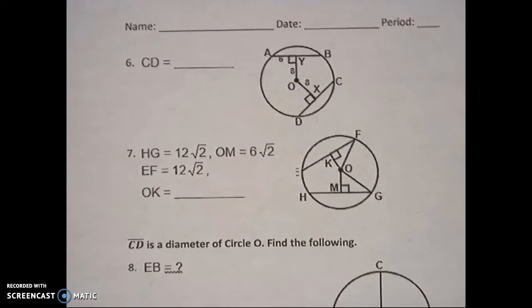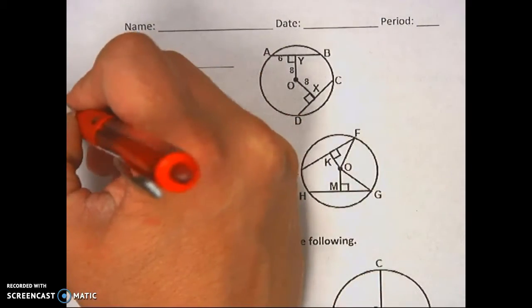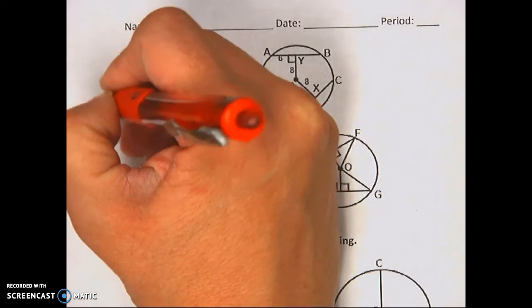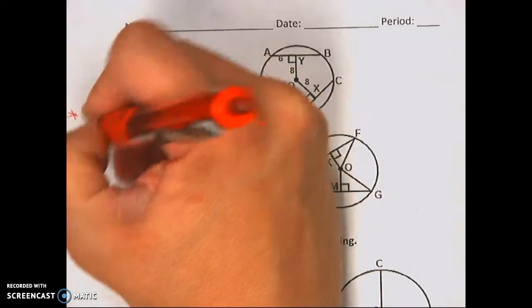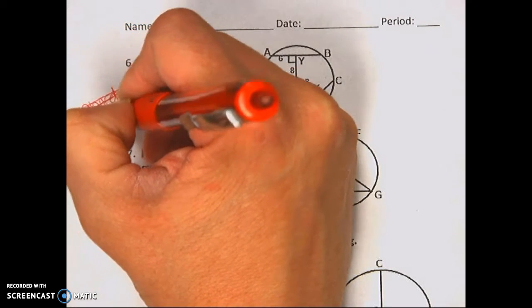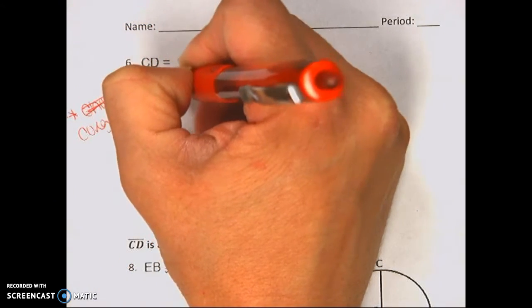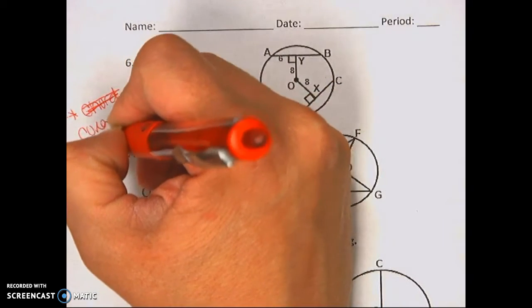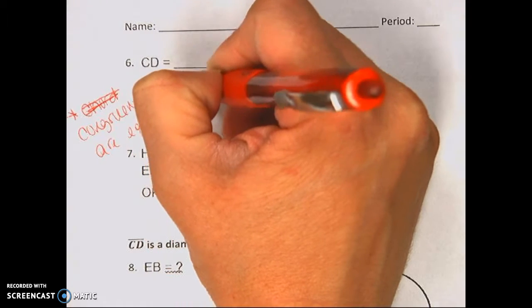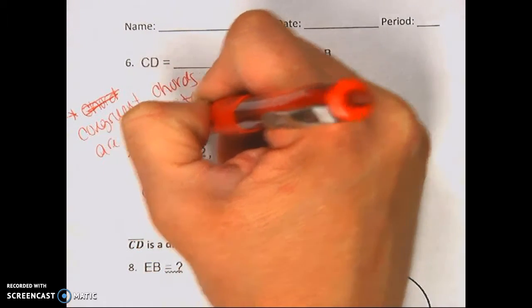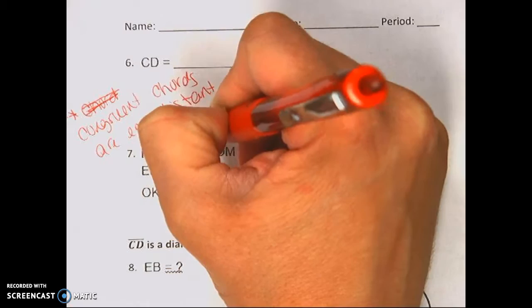One thing that I wanted to point out on number 6 is there's a rule that says that congruent chords are equidistant from the center of the circle.